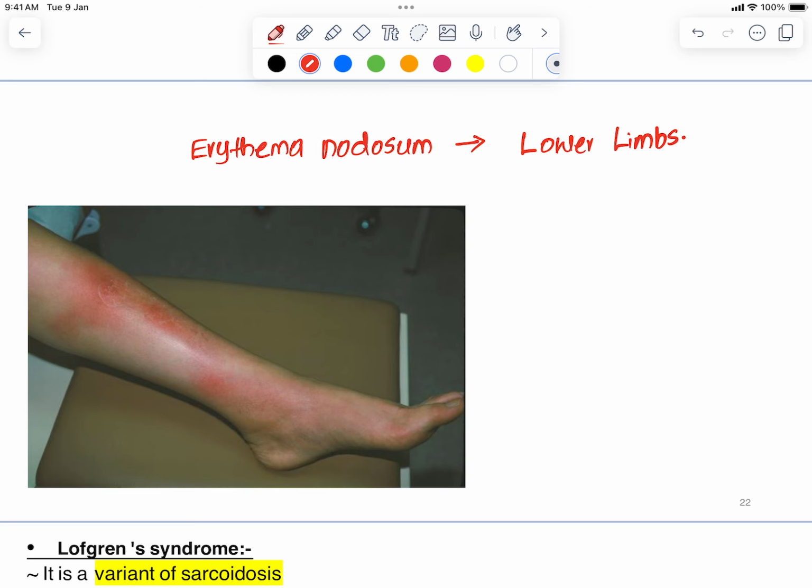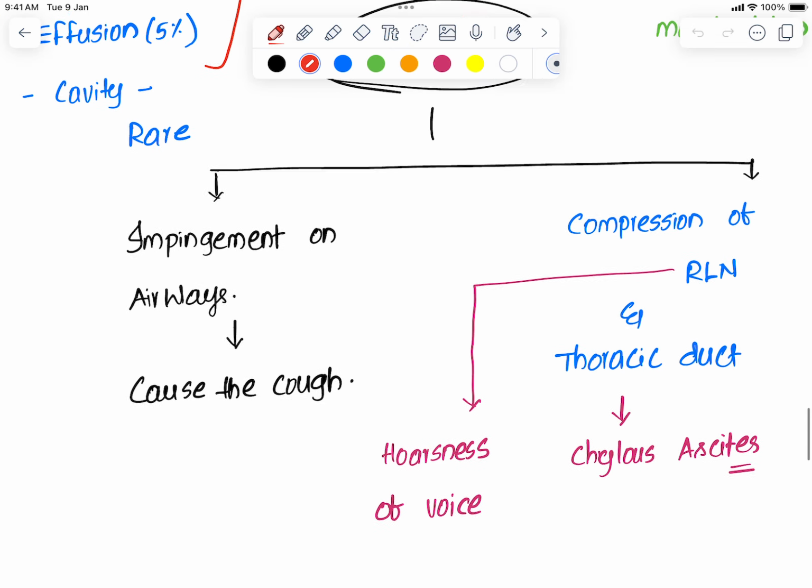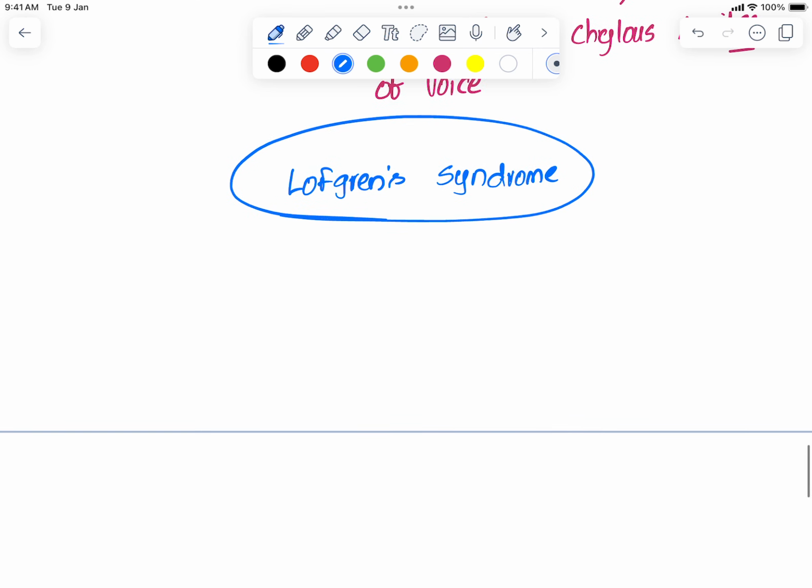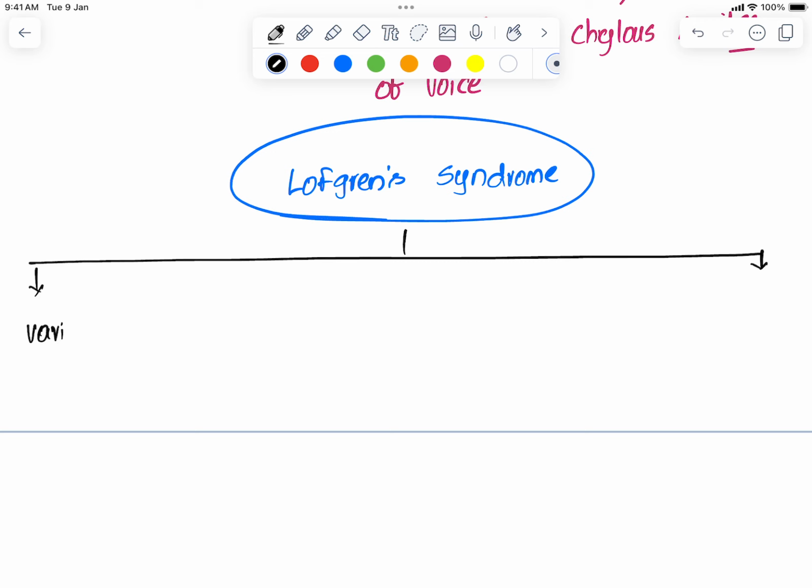All right, next. After the skin manifestation, in these patients you need to be aware of one variant of sarcoidosis called Lofgren syndrome. It is one of the variants of sarcoidosis.